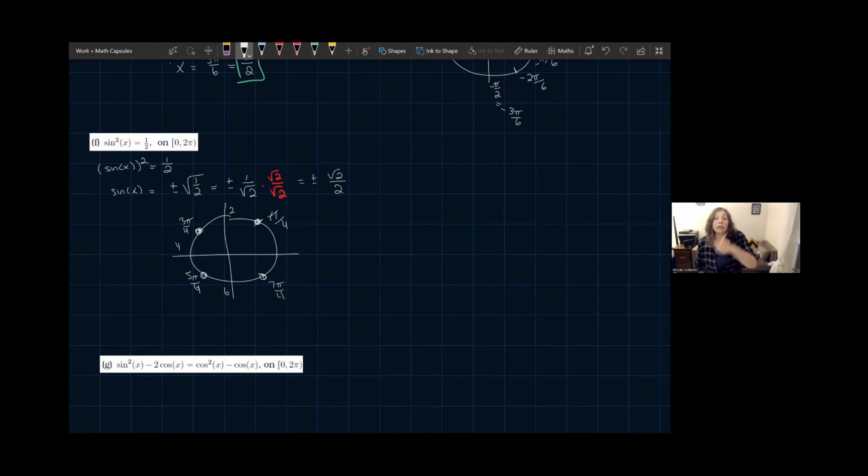Or, you know, you could keep going around the circle, or you could go into the negatives, but our region is only from 0 to 2 pi in this question. So it's just those 4 answers. X can be pi on 4, 3 pi on 4, 5 pi on 4, or 7 pi on 4. And we're done.